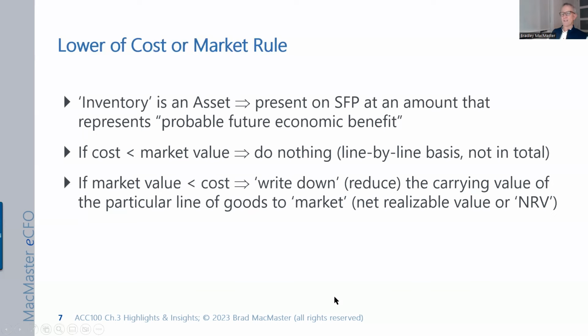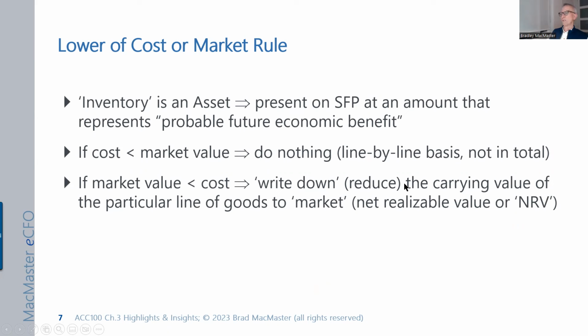So to avoid that situation, we invoke this thing called the lower of cost or market rule, which means we will present the inventory on our statement of financial position at the lower amount of cost or market. So if cost is the lower, then the inventory value is already the appropriate one. But if market is lower, then we have to write down the carrying value of inventory.